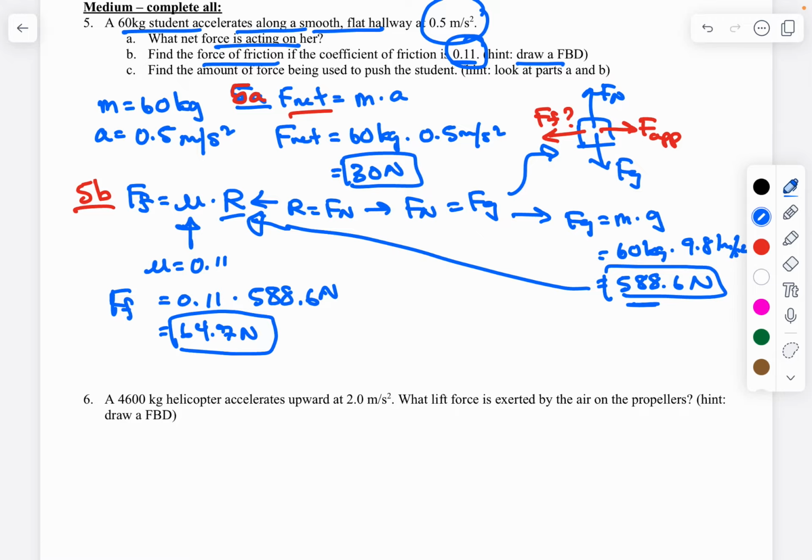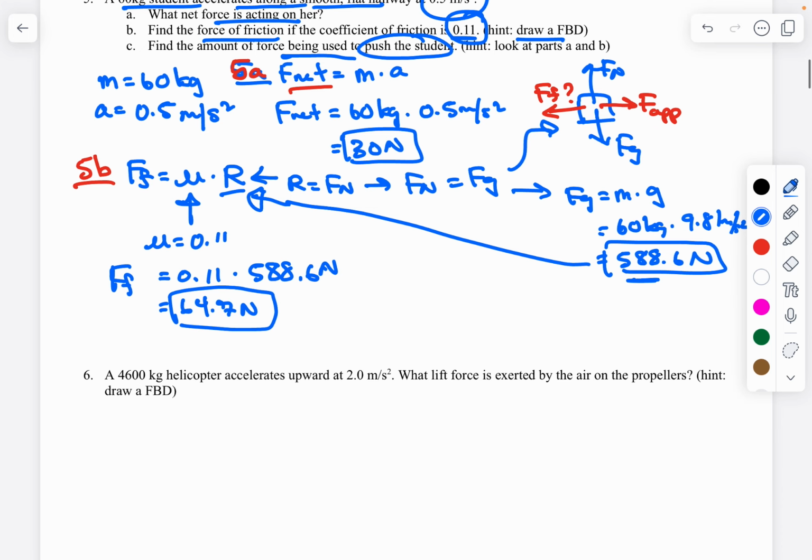So we can see pretty clearly what's going on here. Now it's asking what is the applied force, right? What is the amount of force that is being used to push the student? This is pretty interesting because we also don't know what F applied is.